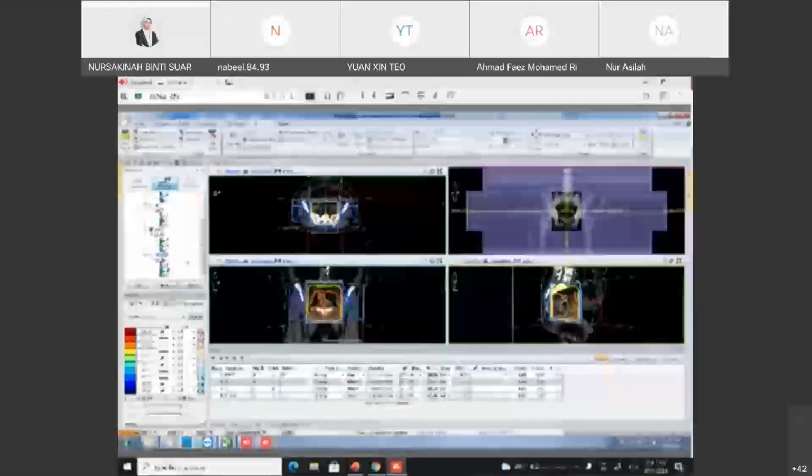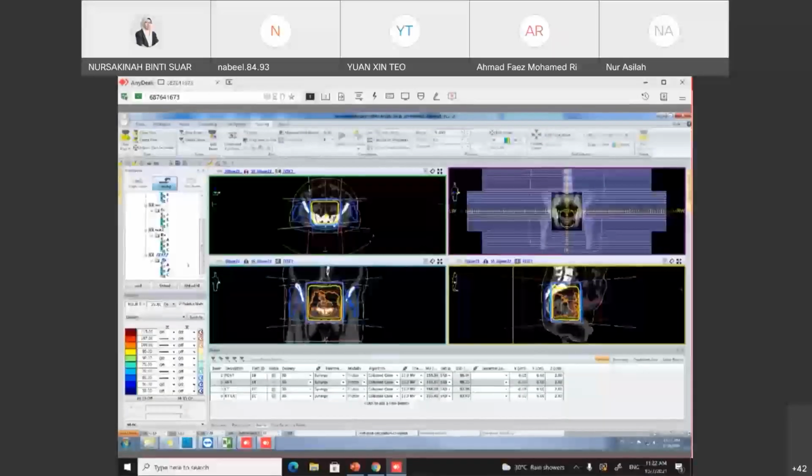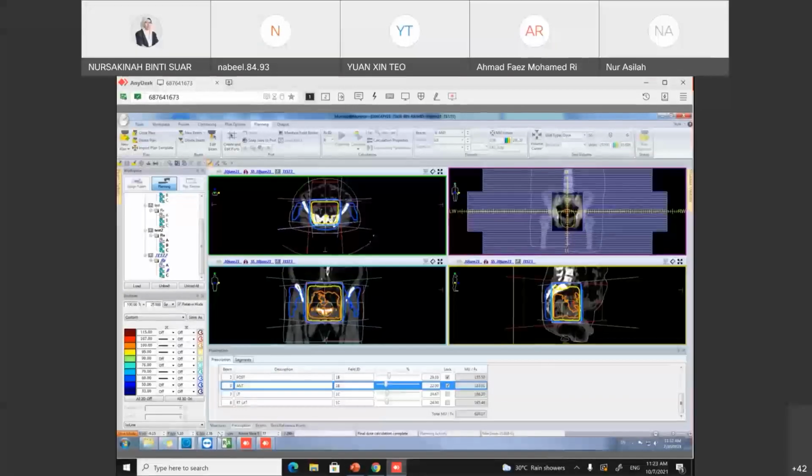You can always compare your plans by saving them under different names, so you can see which one is the best plan you can choose. I cannot calculate because side A is missing.